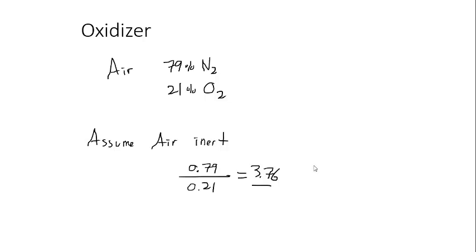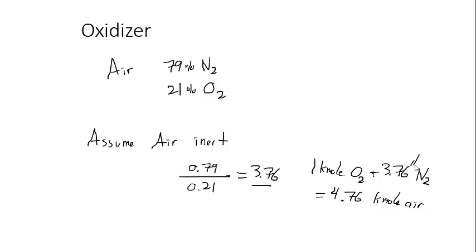So that means for every kilomole of oxygen that we have, we end up with 3.76 kilomoles of nitrogen, which equates to a total of 4.76 kilomoles of air. Okay, so again, for every kilomole of oxygen, there's 3.76 kilomoles of nitrogen, which makes for a total of 4.76 kilomoles of air.